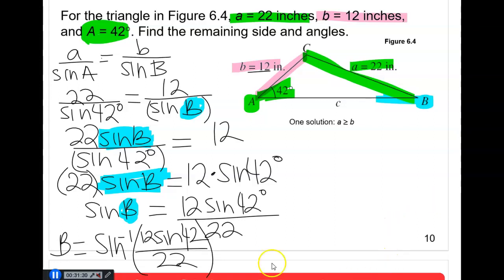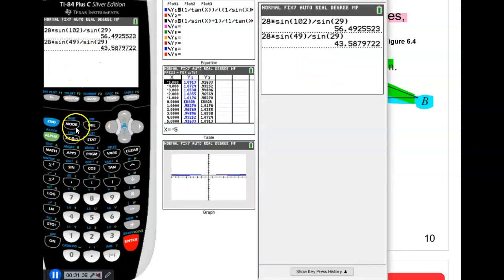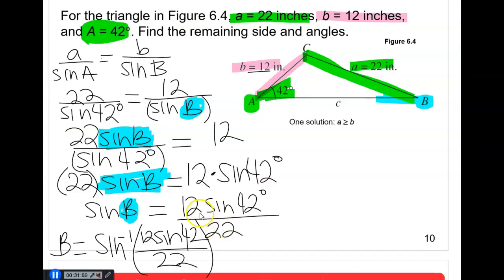So let's go ahead and enter that on the calculator. Okay, so a sine inverse. Now remember to find your sine inverse, you can see it here. It's in blue, so I'm going to use the second function, sine inverse. And then inside there, I'm going to go ahead and open another parenthesis to include the numerator, which is 12 times sine of 42.